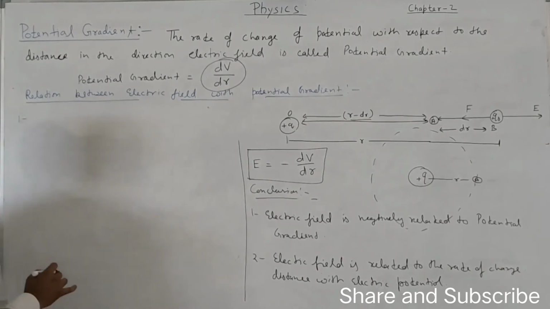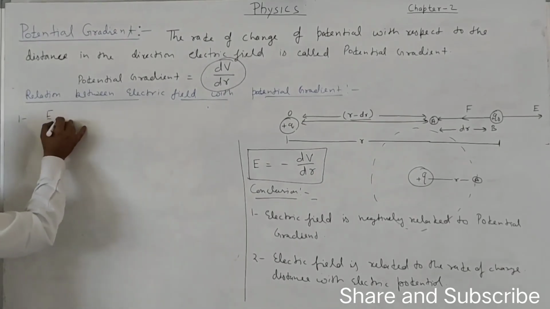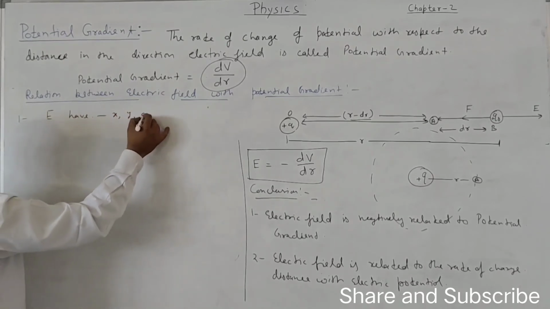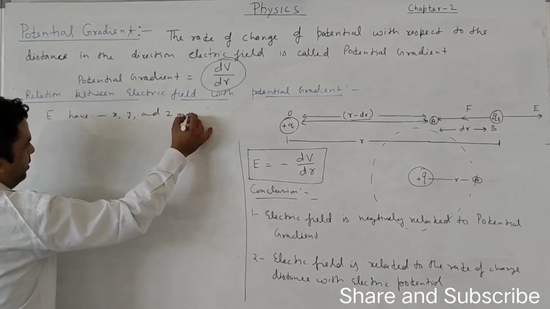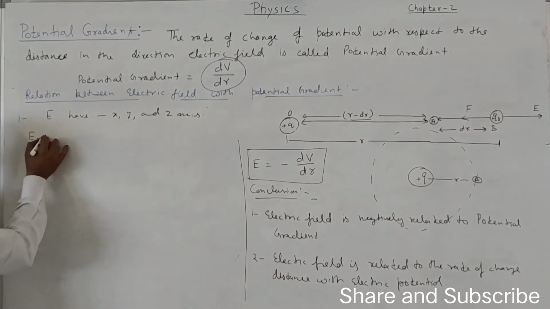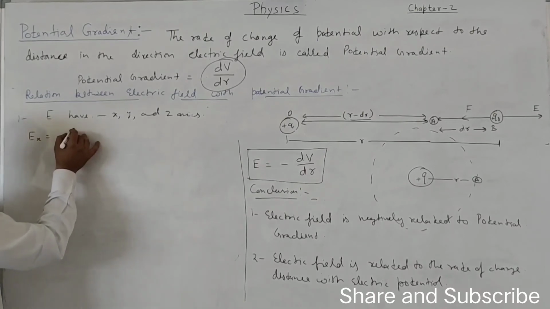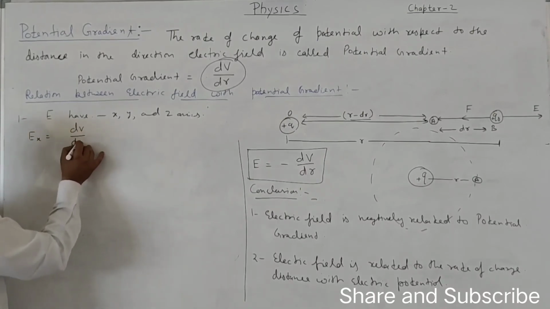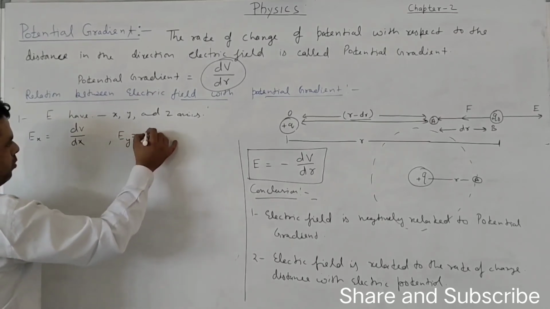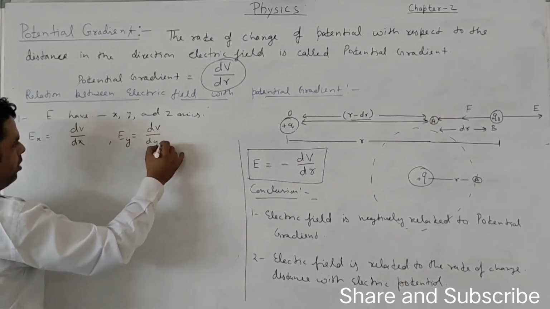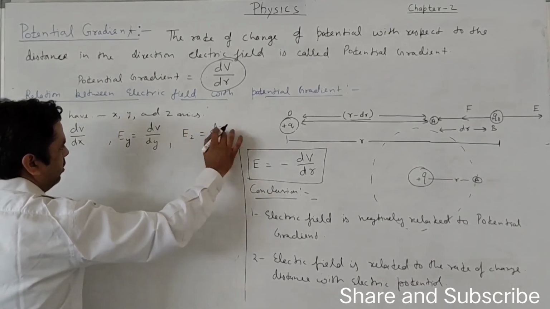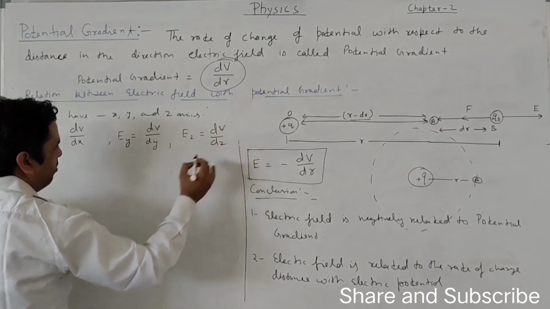If the electric field has x axis, y axis and z axis components, then Ex is equal to minus dV over dx, Ey is equal to minus dV over dy, and similarly Ez is equal to minus dV over dz.